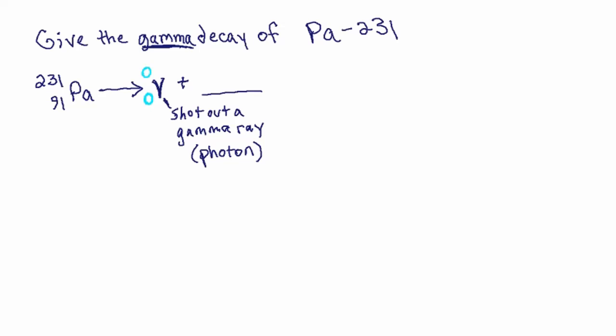It's just that it excited the Pa, so we put a star by the Pa to show that it's excited. It excited the Pa so much that it shot out a gamma ray. So we didn't lose anything. We still have 231 as the weight, and we still have 91 as the number of protons. So that makes it still Pa231.